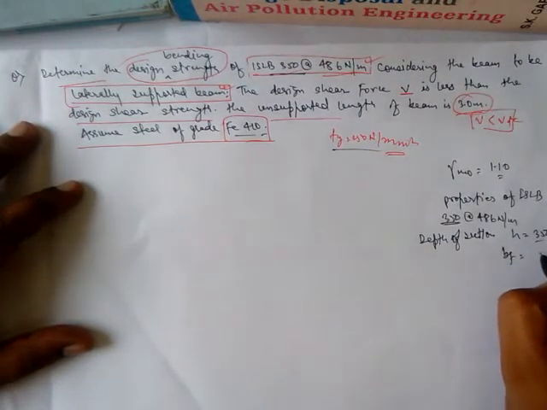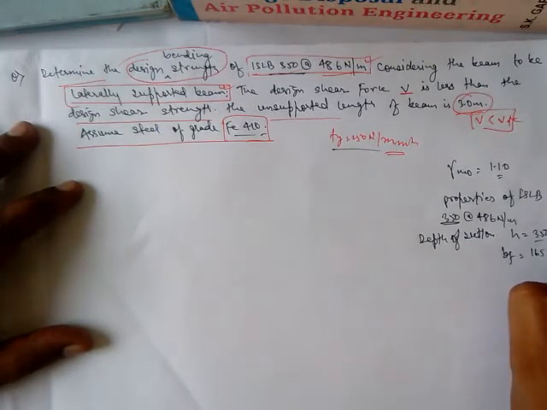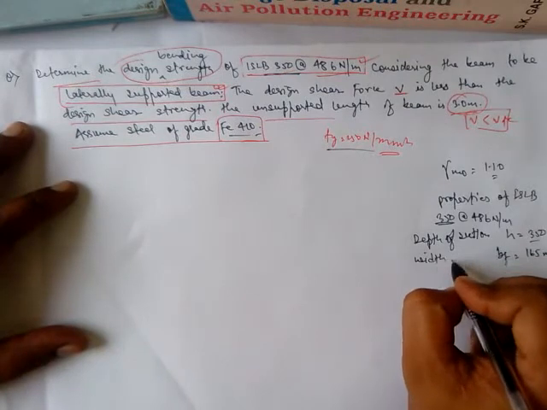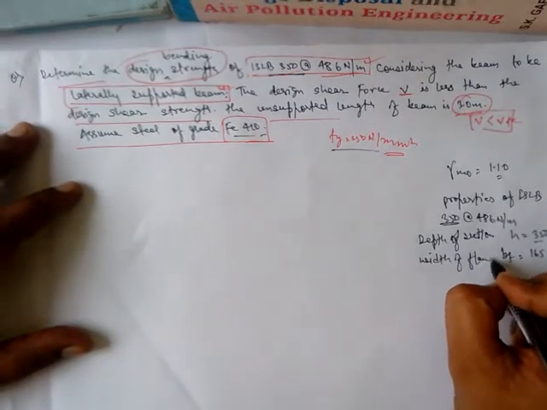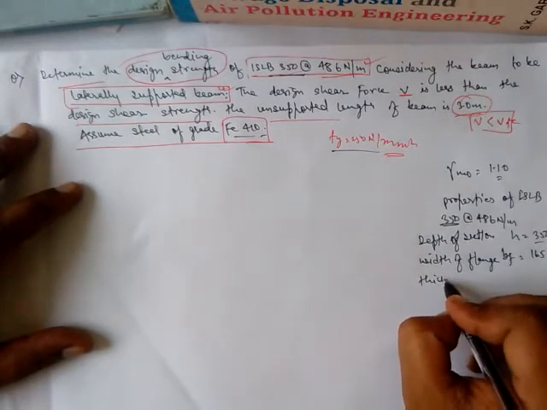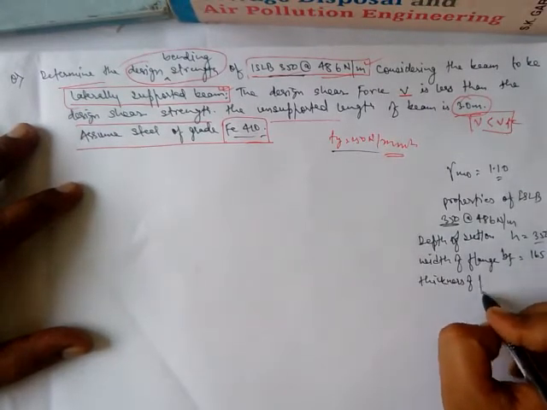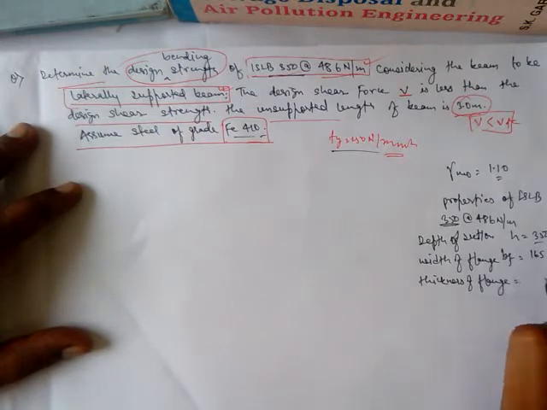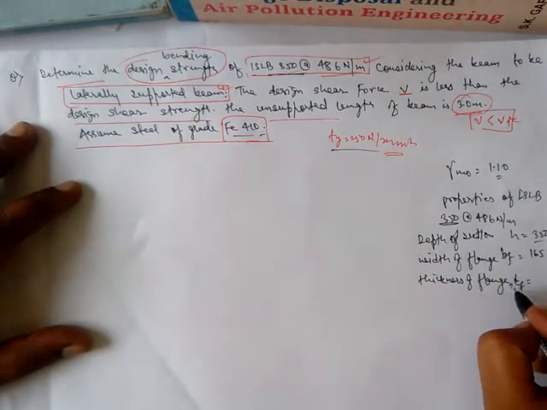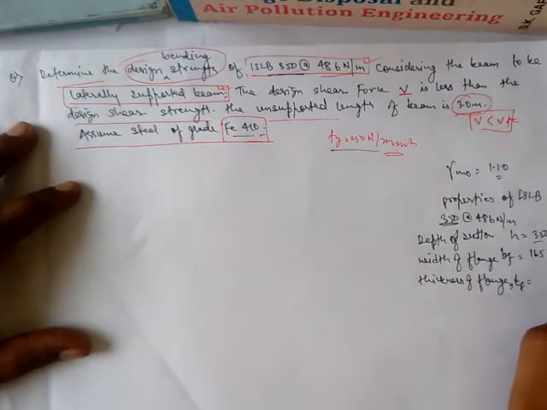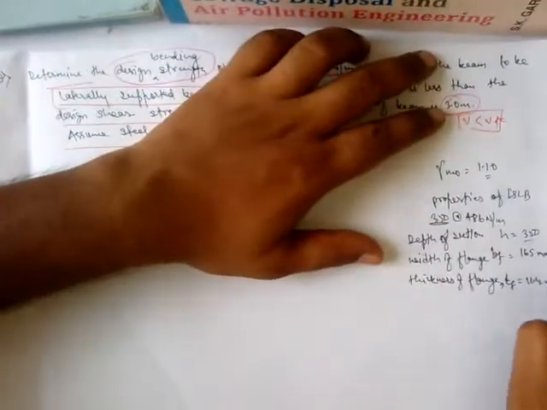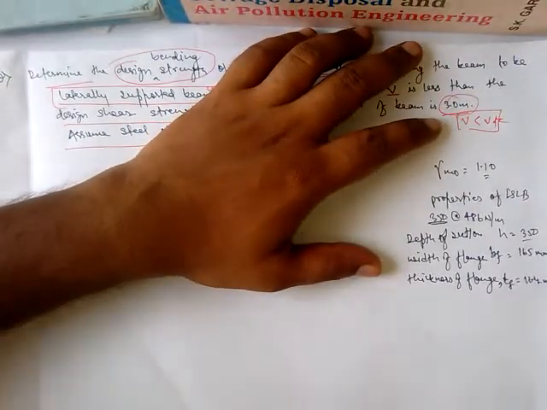Width of flange is 165 mm. Thickness of flange TF is 11.4 mm.